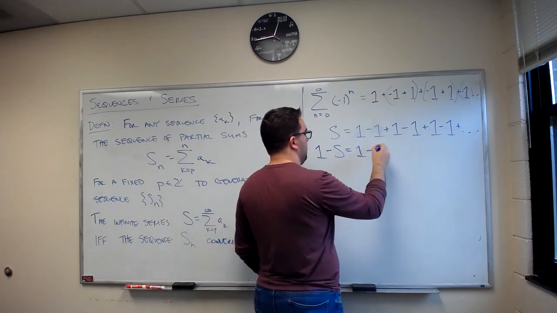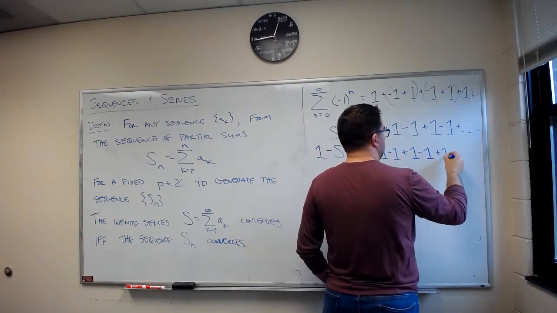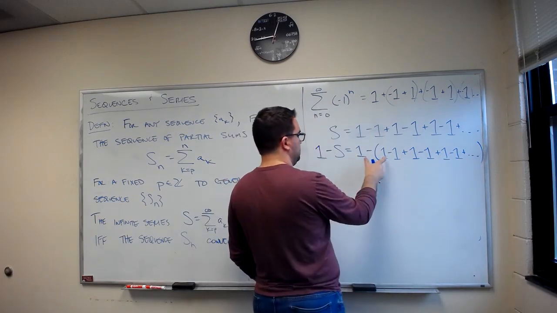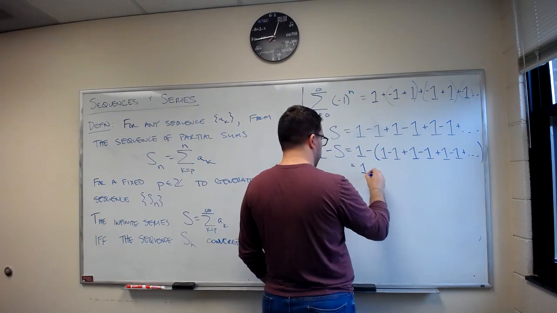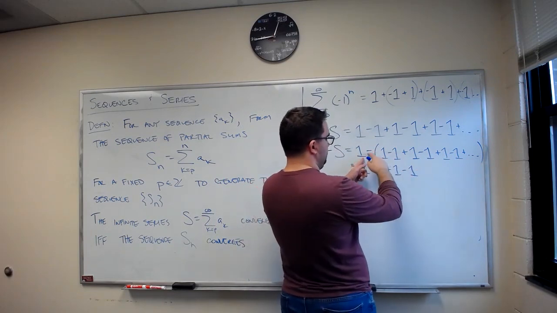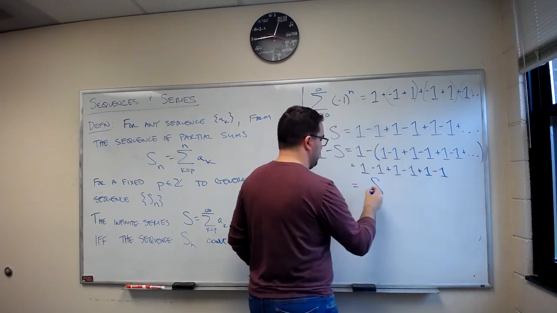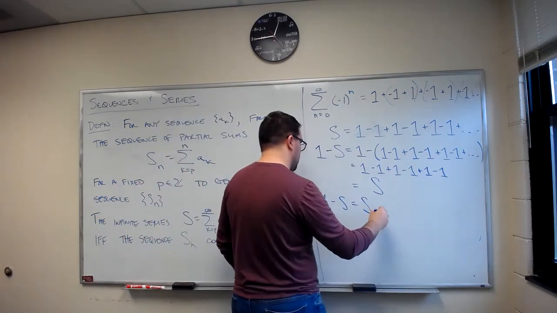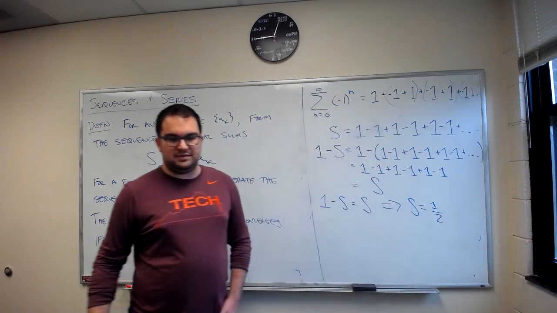That would be 1 minus 1 minus 1 plus 1 minus 1. So I get 1 minus 1, which definitely cancel, and then I end up with 1 minus 1 plus 1 minus 1. If you see these cancel and then you distribute the negatives, I actually just get S again. So I have that 1 minus S is equal to S, and that's nice because this is an algebraic expression which I can solve, and I get that S is equal to 1/2.